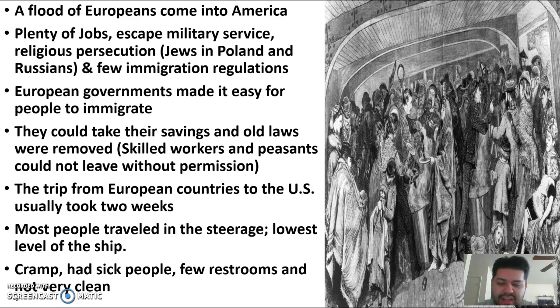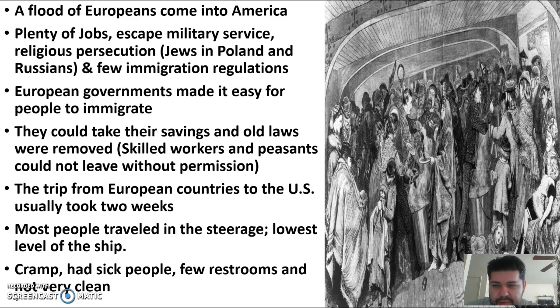Now it's not like nowadays, where you sign a contract for so much time. Then they could keep you for as long as they wanted, sometimes up to 5, 10 years. So to escape that, a lot of young men came to avoid military service.